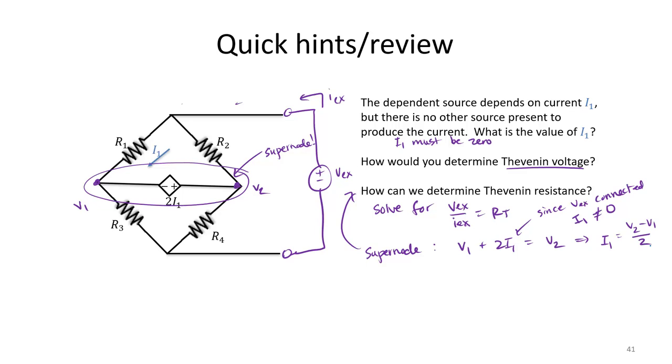Notice what else we can do. I know that my voltage at the top of my circuit will be equal to VEX because of my source being attached. So I can also write the expression that my current I1 is equal to VEX minus V1 divided by R1.